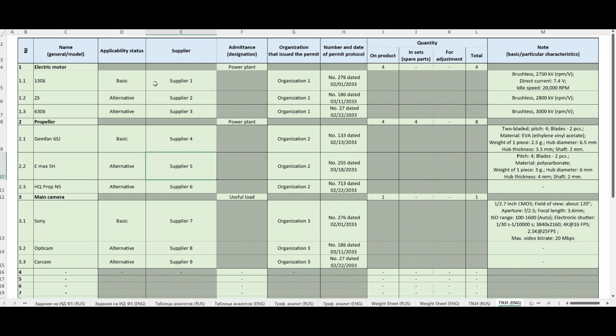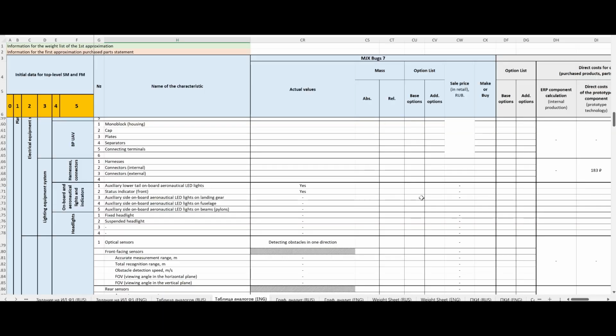The minimum list of consumers of information provided in the combined format of the list of purchased products as part of the implementation of subsequent milestones of the project includes, first, the design engineering department responsible for the formation of the purchased products list based on data from the design documentation, and the buyers or commercial department and cost engineering department.